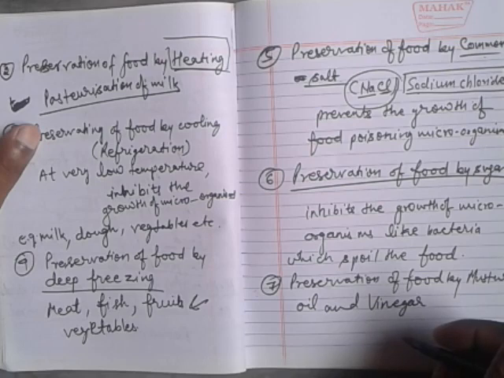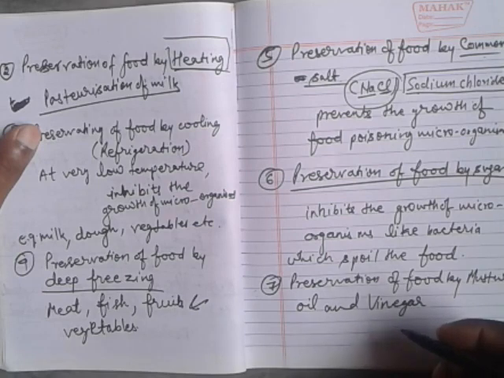And why? Because mustard oil and vinegar prevent the spoilage of fruits and vegetables. And due to the use of this mustard oil and vinegar, microorganisms like bacteria cannot survive in such an environment, in such materials.